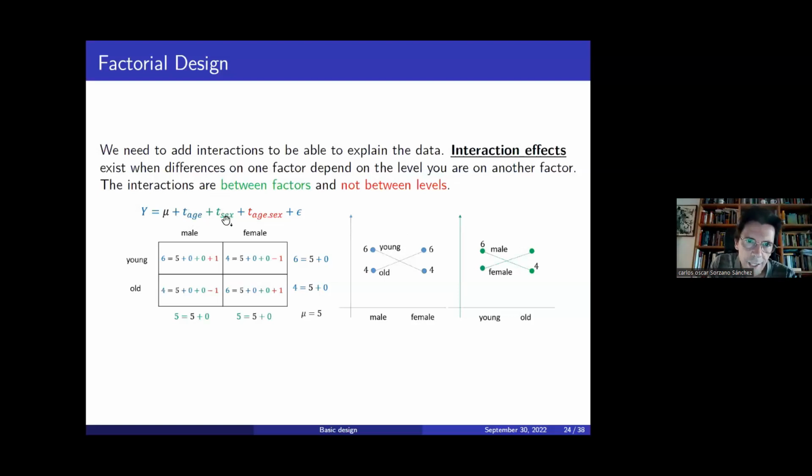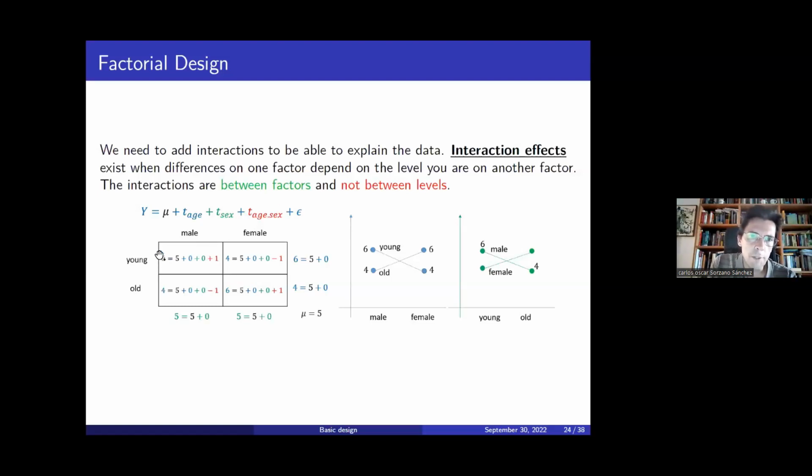These two, age alone and sex alone, were the main effects, plus something that depends on the interaction between the two, because young males and old males behave differently. And now with this extra term, I can explain my data.